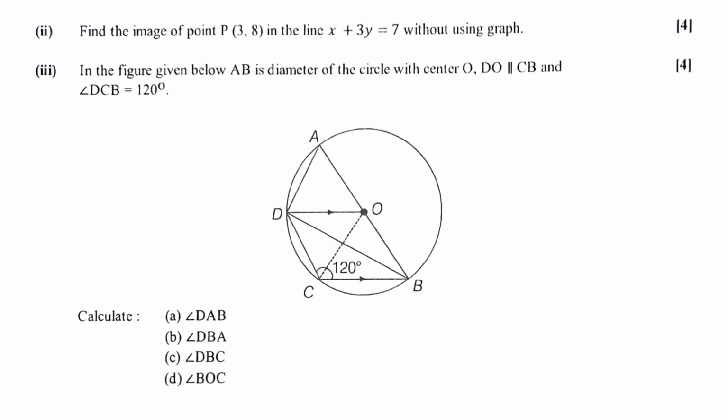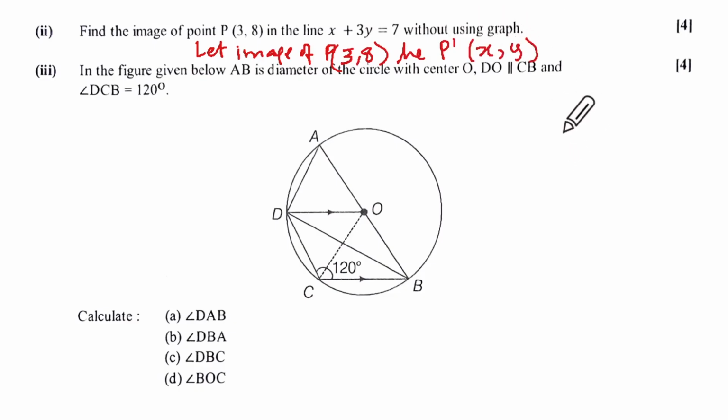Now they are telling you to find the image of the point in the line x plus 3y equal to 7 without using a graph. Let the image of P, which is 3 comma 8, be P dash, which is x comma y.